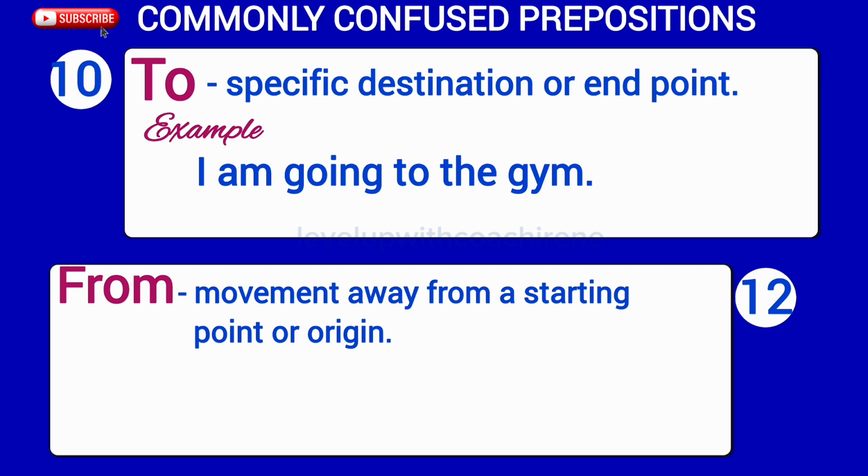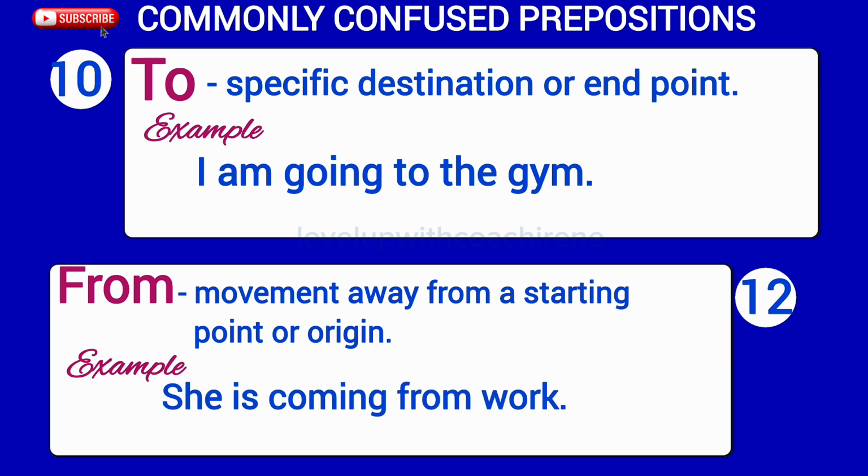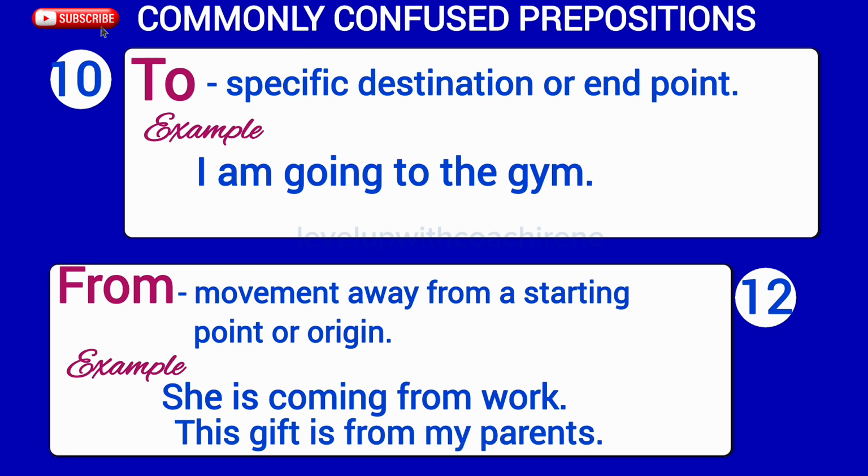It shows where something began. Example, she's coming from work. This gift is from my parents. Whilst to shows movement towards a destination or recipient, from indicates moving away from or indicating the origin or starting point.